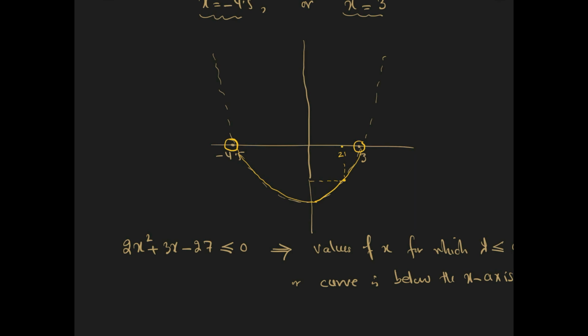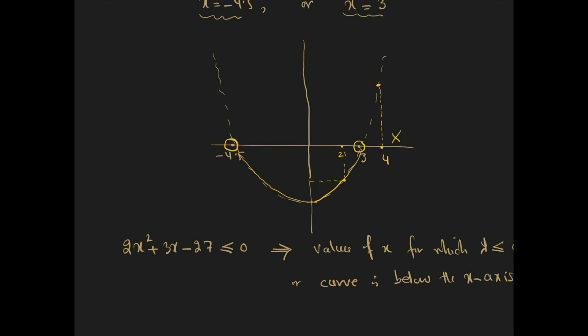On the other hand, if we take a point greater than 3, which is 4, we can see that the curve is above the x-axis. So this is not our required point.